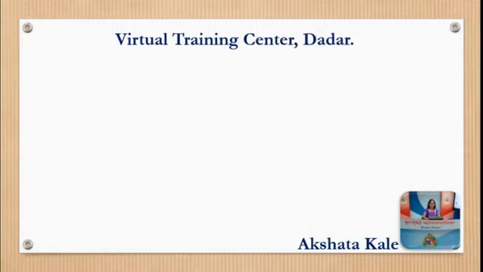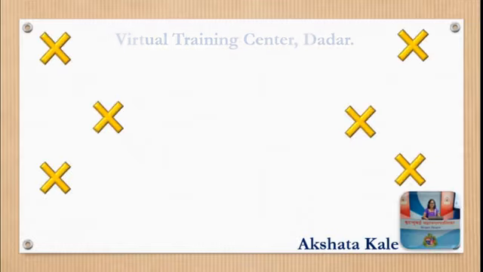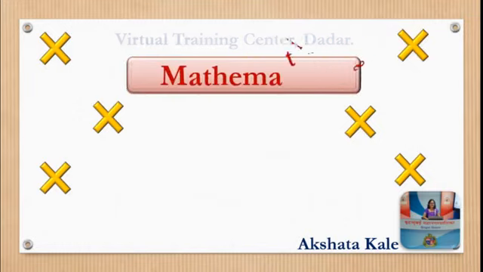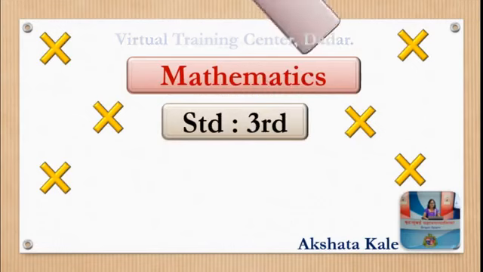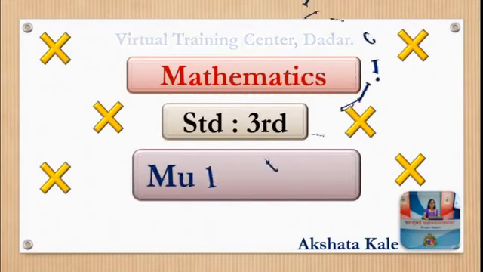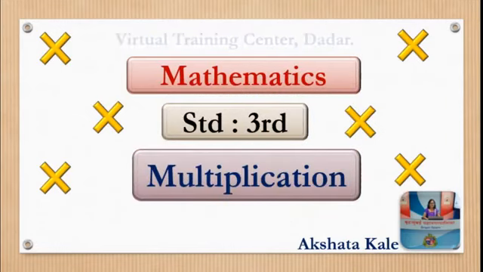I am Akshata Kale and today we will learn maths of standard 3rd and the topic is multiplication. Yes, dear students, there are 4 types of operations in mathematics: addition, subtraction, multiplication and division.